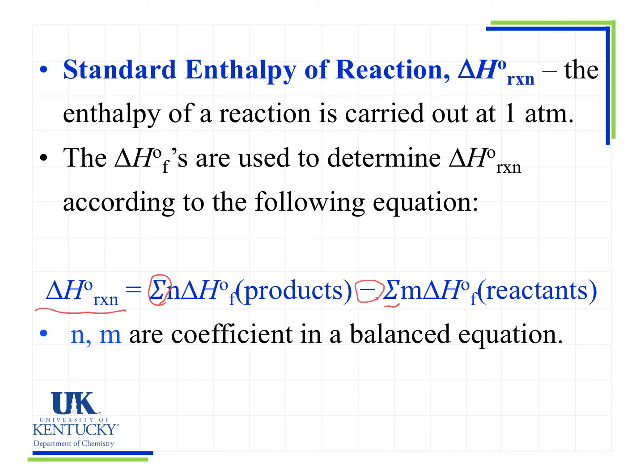So it's final minus initial, products minus reactants. The n and m are the coefficients in a balanced chemical equation. Okay, so let's do this on a practice problem so you get it better.